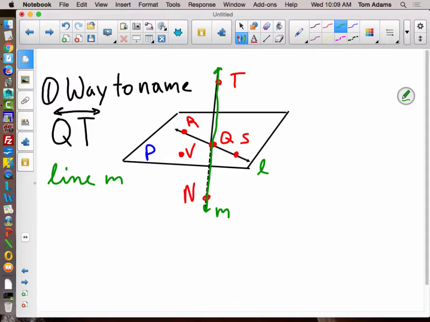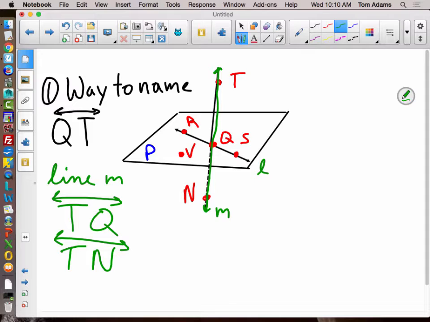Yeah, TQ. So we could go the other way. Is there a third way to name it? Yes. TN. Oh, wow. You guys are pretty good. That exists on that same line, right? Yes. There's one more way, I think.